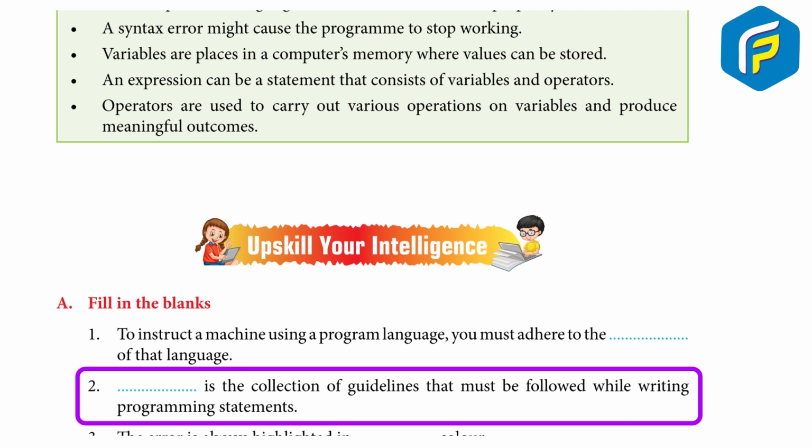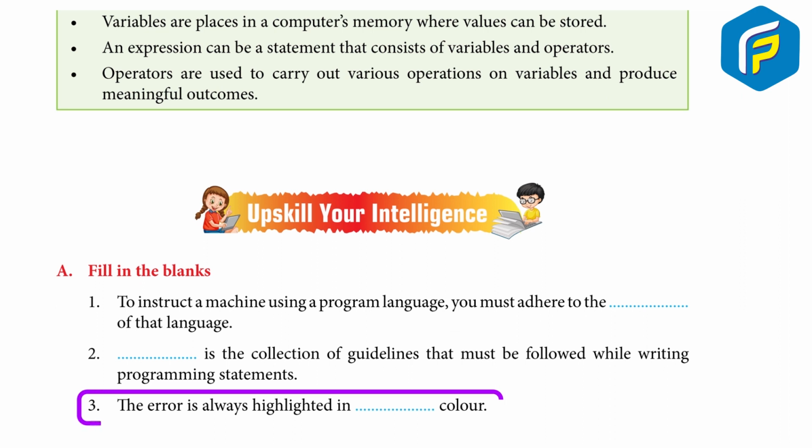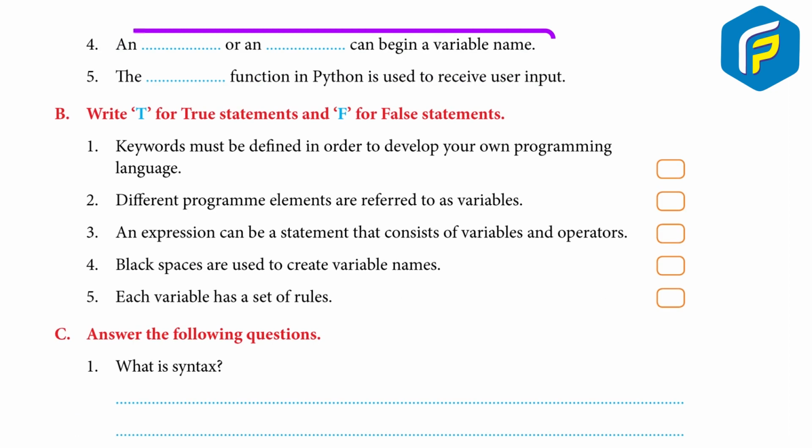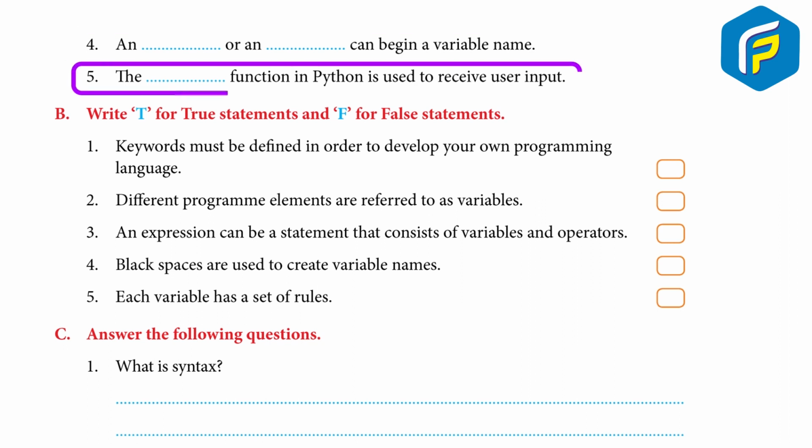Answer: syntax. 3. The error is always highlighted in dash color. Answer: red. 4. An dash or an dash can begin a variable name. Answer: underscore and alphabet. 5. The dash function in Python is used to receive user input.